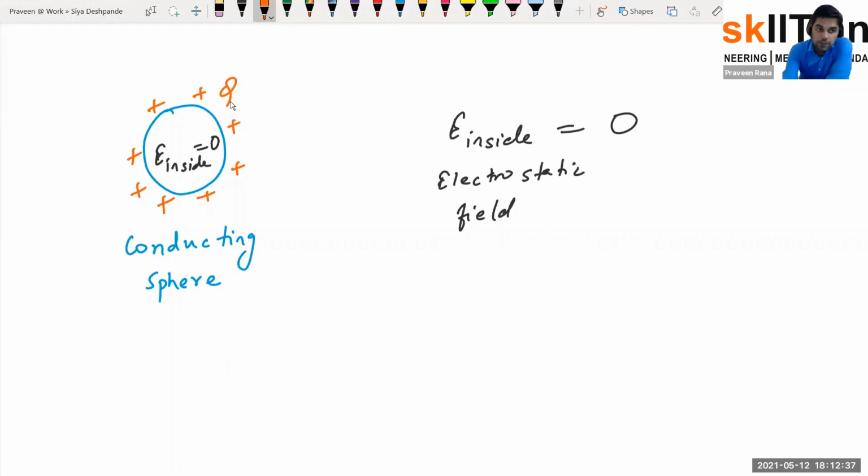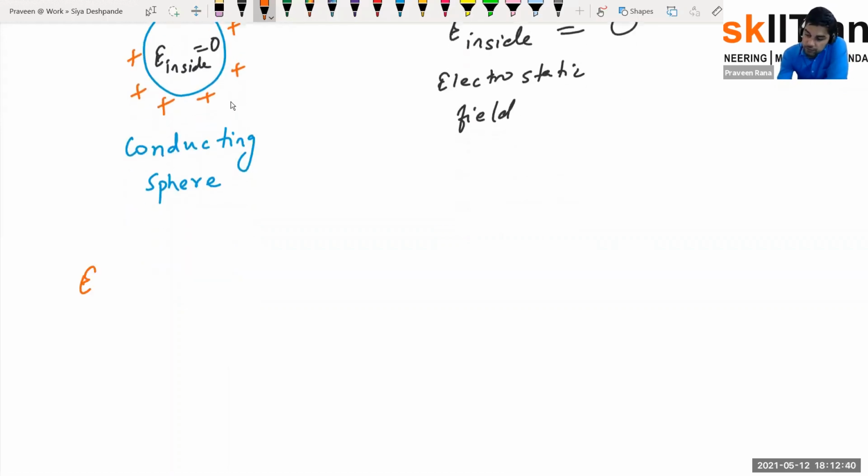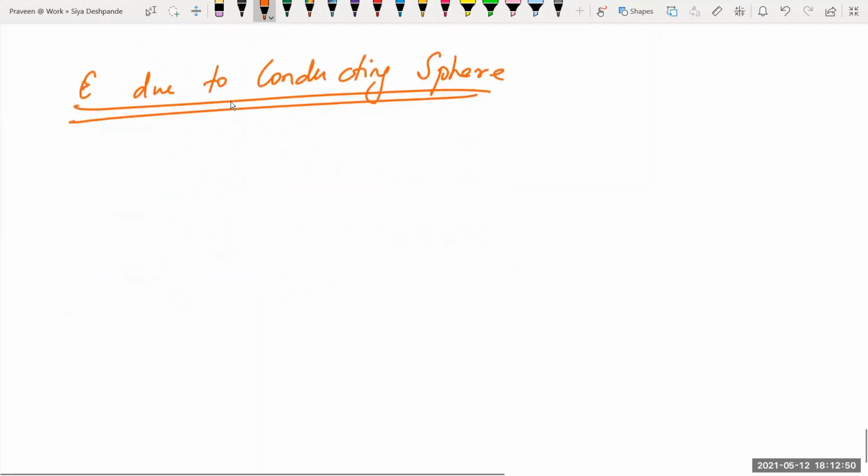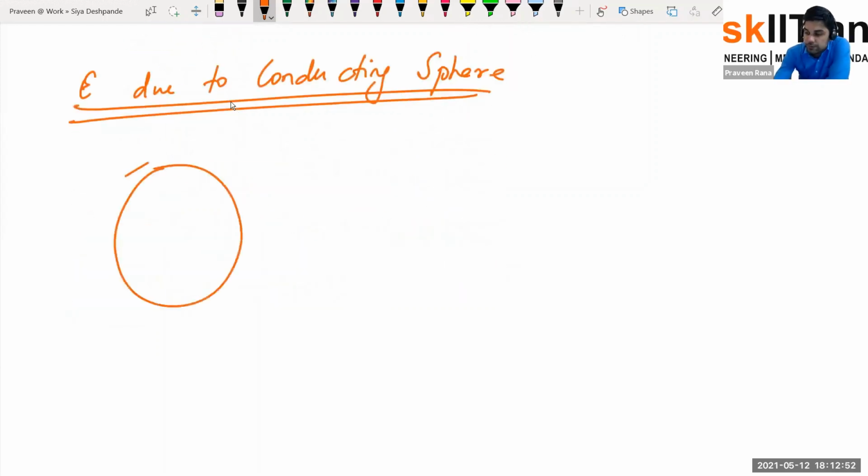So now let's just say we want to calculate electric field due to a conducting sphere. So we have a conducting sphere, this one.